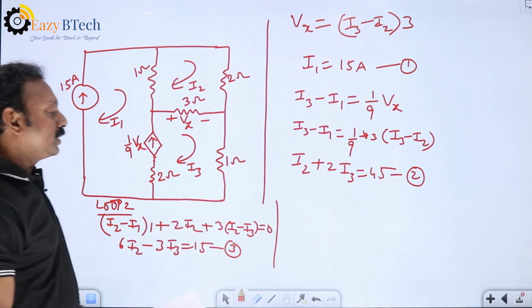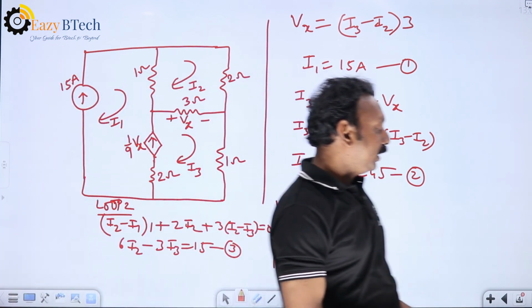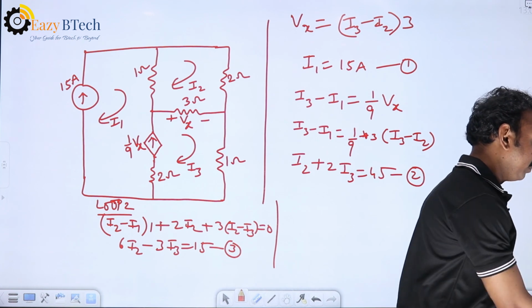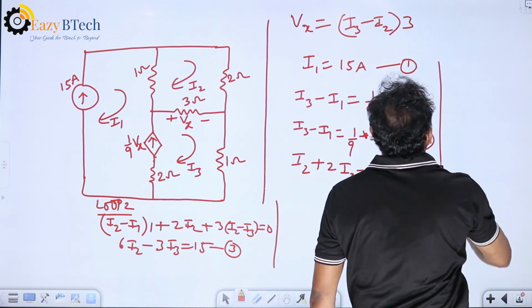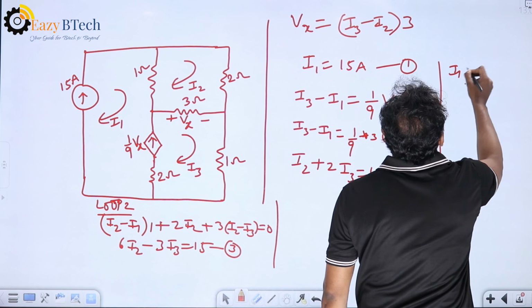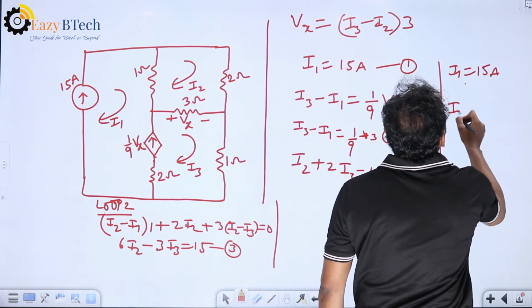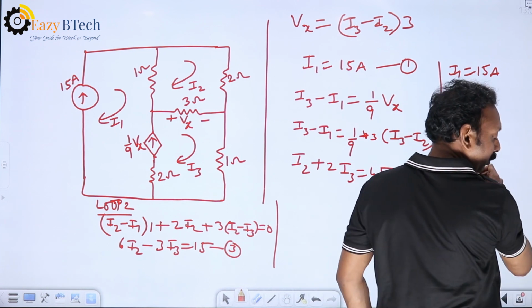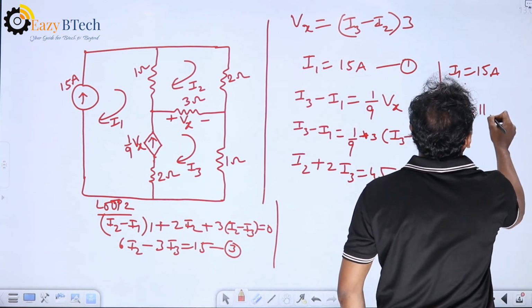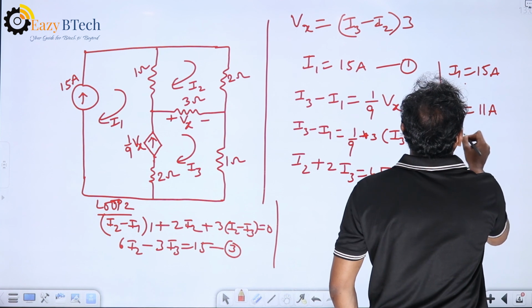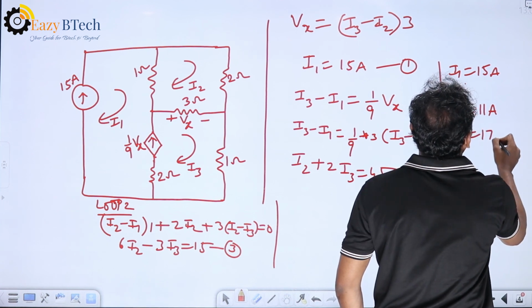Solve these equations and you will get the answers. Already you know the I1 value, 15 ampere, already given in the problem. I2 equals 11 ampere. I3 value is 17 ampere.